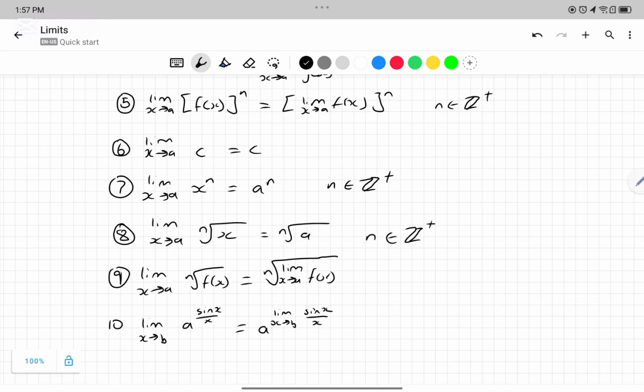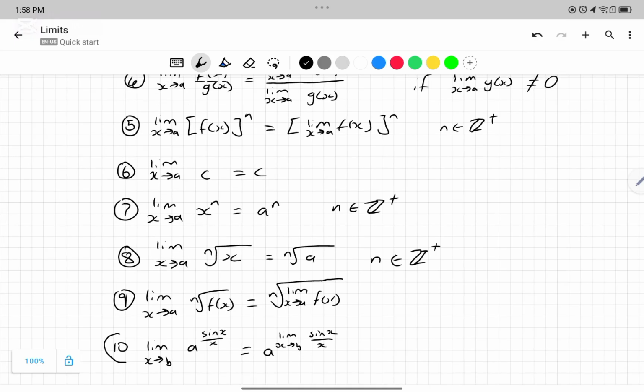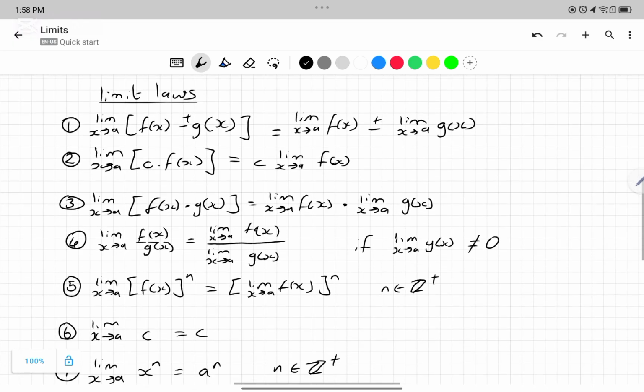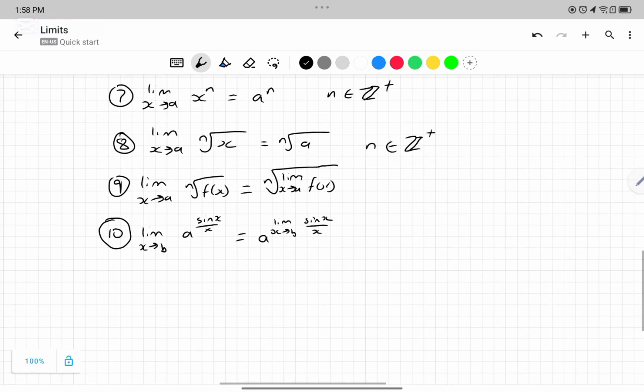Right. So those are all the limit laws we have. So make sure you wrote these down or committed them to memory, because we are about to do questions.